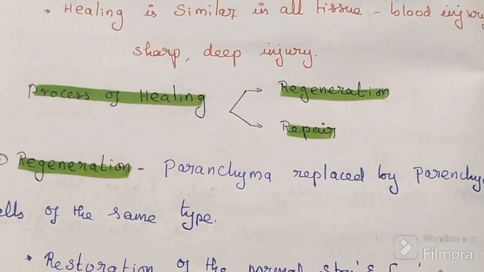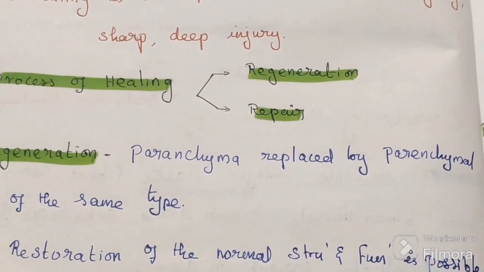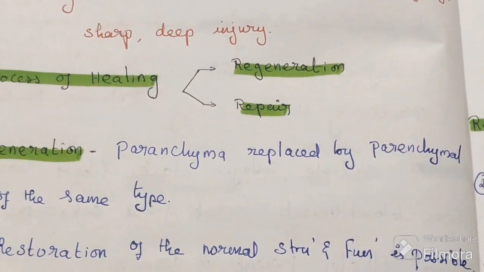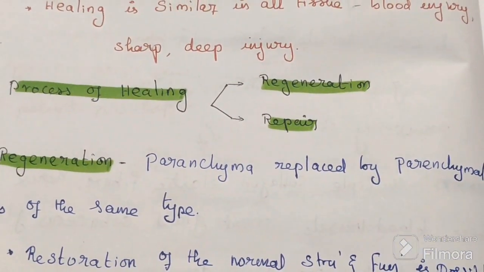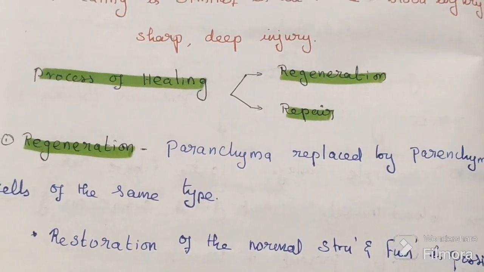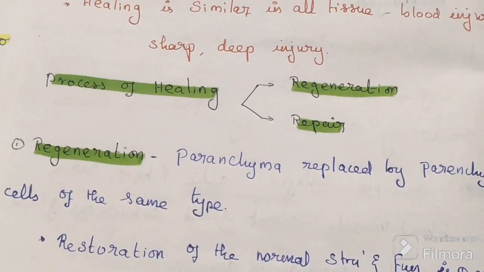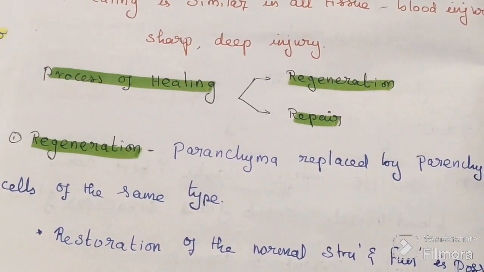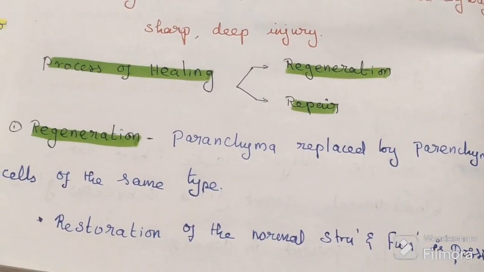Regeneration is where parenchymal cells are replaced by parenchymal cells of the same type. But in repair, the parenchymal cells which are lost are replaced by fibrous tissue.